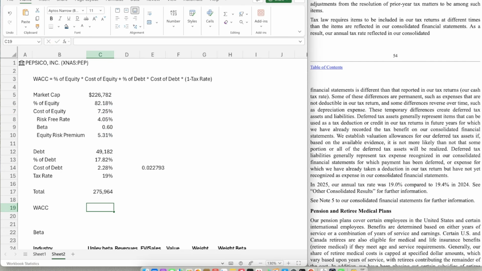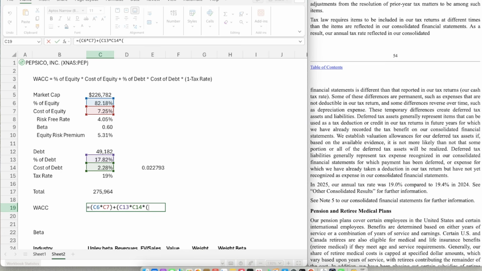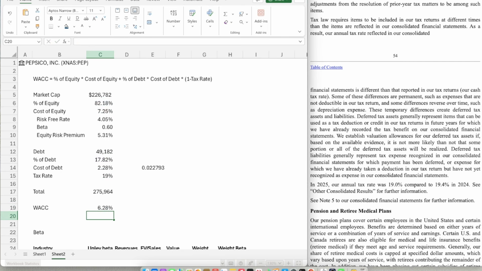So now for the WACC, we open brackets, we take our percentage of equity multiplied by the cost of equity, close brackets, open brackets again, take your percentage of debt multiplied by your cost of debt multiplied by 1 minus your tax rate, close brackets. There we have it, 6.28% for the WACC.